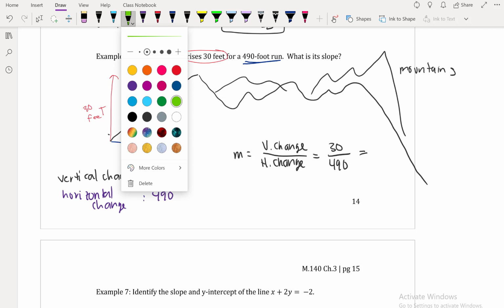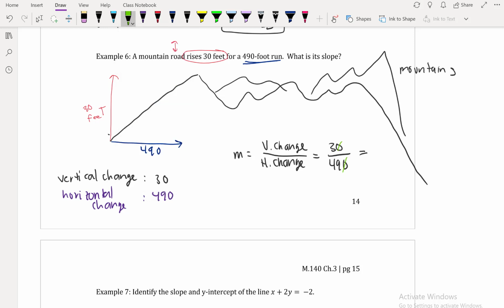So when I reduce this fraction into its lowest terms, I think about 3 divided by 49, and that's going to give me 1 over 13. So I know that my slope is equal to 1 over 13. And so that's going to be my final answer.